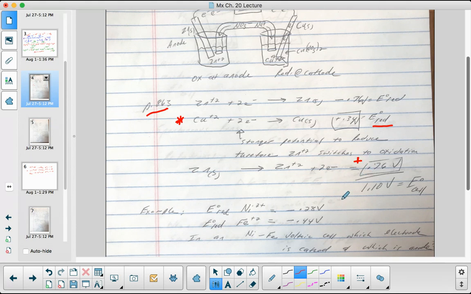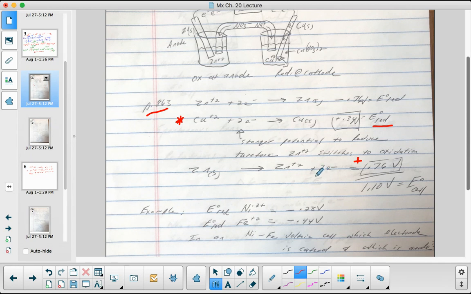So I can look at the two of them combined: the positive 0.34 volts for the copper to undergo reduction, and the positive ability for the zinc to undergo oxidation. When I turn the equation around, I'm now showing that it's undergoing oxidation. If it has a low ability to undergo reduction, then it has a high ability to undergo oxidation.